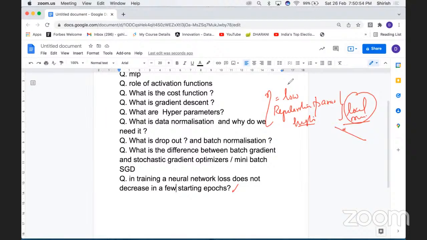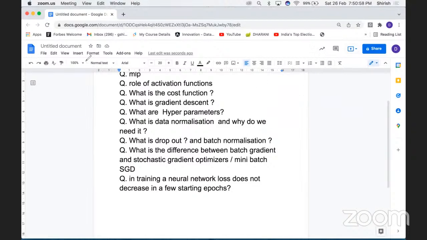What is an epoch? What is a batch? What is an iteration in deep learning? What is a cost function? What is a loss function? An epoch is one iteration over the entire data set.